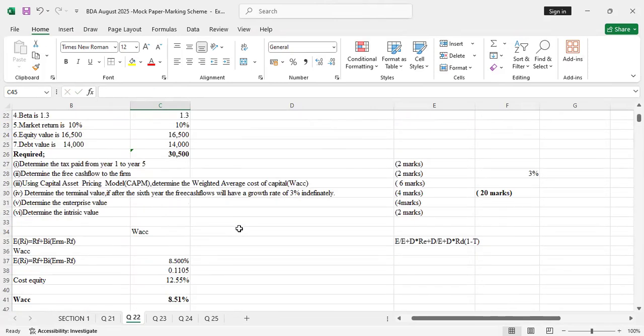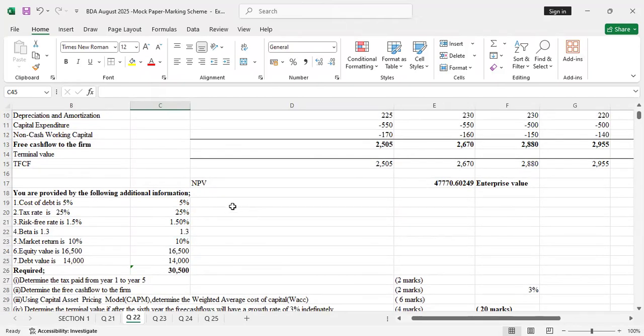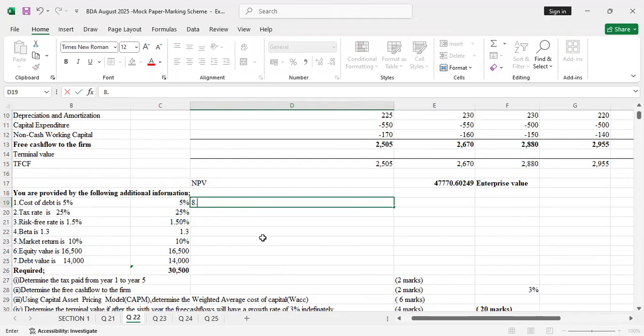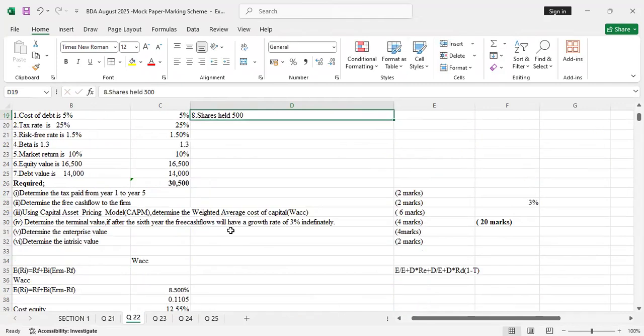So you will allow me to add additional information number 8 here, because there was a confusion with that question. So maybe we say the number of shares, shares held. Maybe 1,000. No, let me say maybe 500. I remember these numbers are in thousands. So shares held are 500.